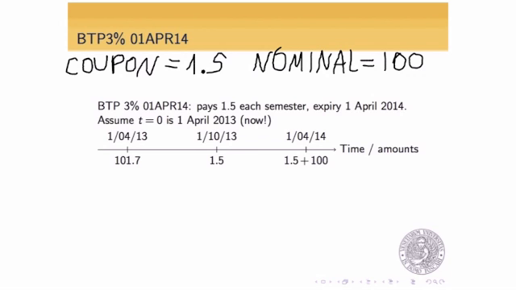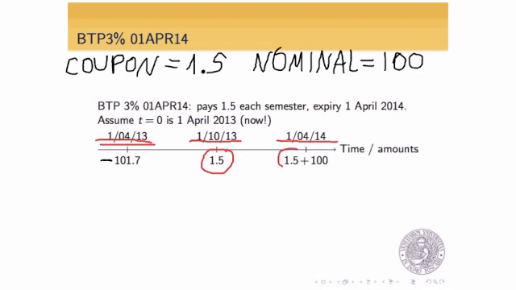So a BTP, as I told you, is a contract in which you pay a price today, which is the 1st of April 2013. I stress that this is something you pay, so it is denoted by a minus sign. You pay today 101.7, and because you paid, you will get the first coupon in 6 months and you will cash 1.5, and you will get a second coupon in 1 year from now, which is 6 months after the first payment.